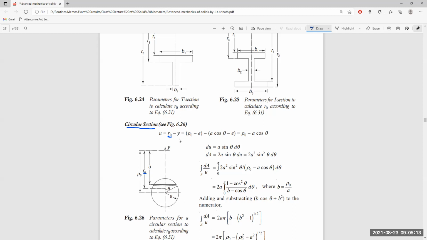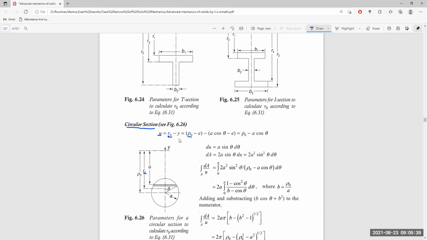Actually, in the flexural stress formula we always use the term y, which is the distance of the concerned fiber, whose stress we are calculating, from the neutral axis itself. So r0 minus y is given as the new parameter u itself, where r0 minus y is rho 0 minus e.